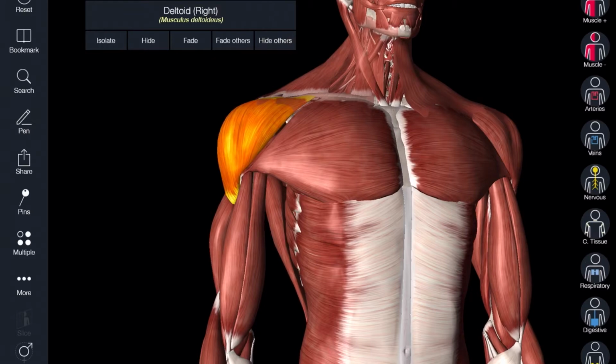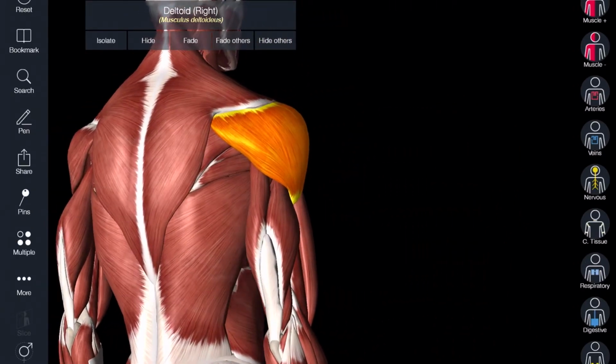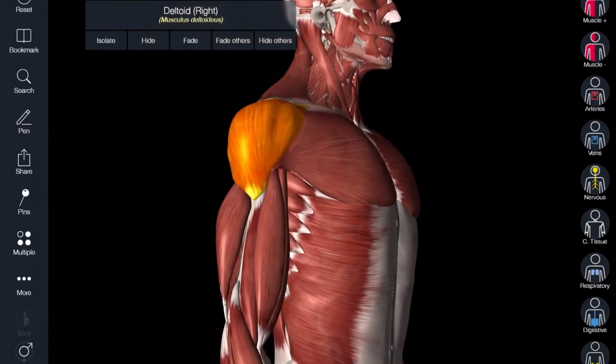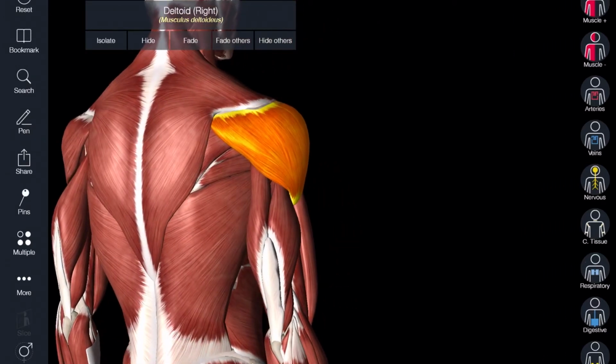Now, while those anterior fibers are doing those actions, the posterior fibers have to actually, if you can imagine this, lengthen to let those anterior fibers do that function. And so the posterior fibers actually have complete opposite actions of the anterior fibers.